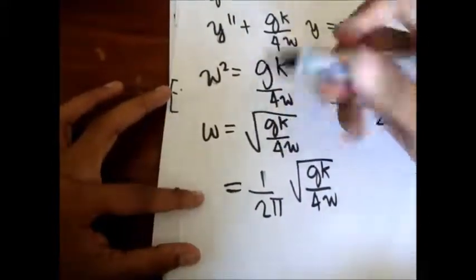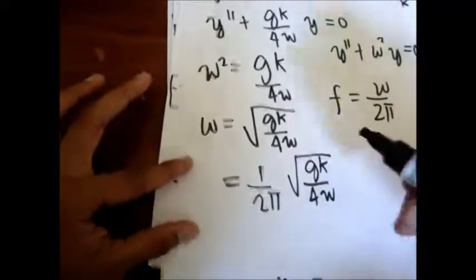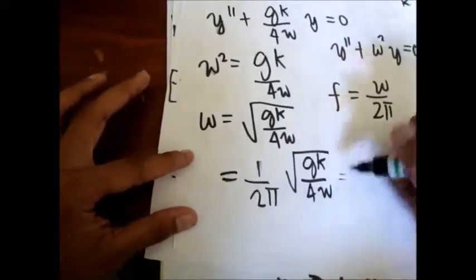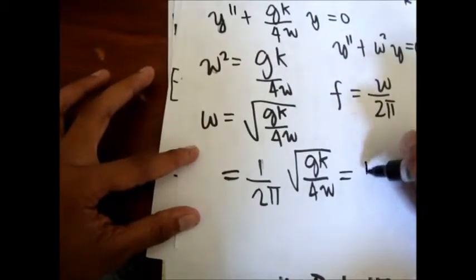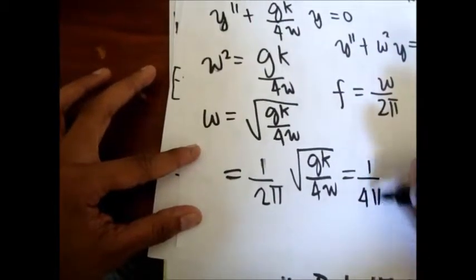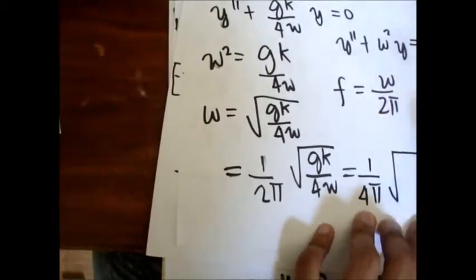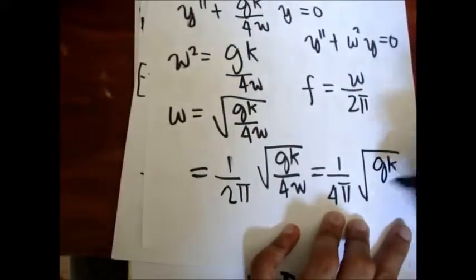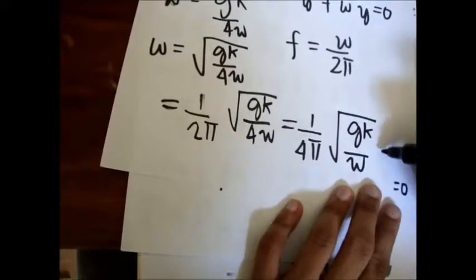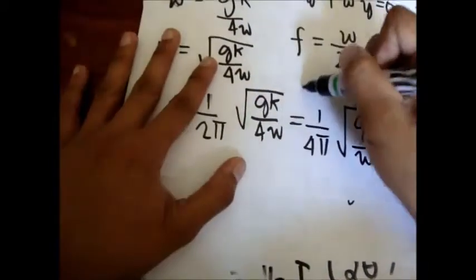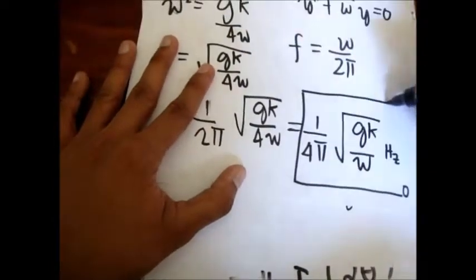So this 4 we will extract. So we have 1 over 4 pi square root of gk over w, which is in hertz. That is our final answer.